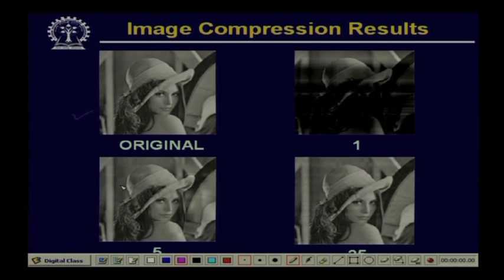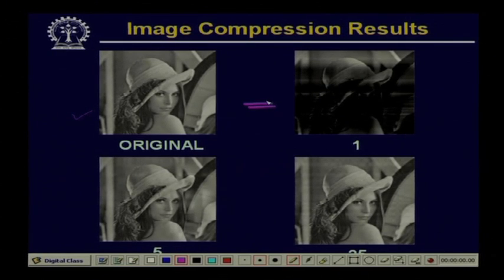Now, when this original image is transformed and reconstructed using the transformation matrix with only one eigenvector, which corresponds to the largest eigenvalue of the covariance matrix, then the reconstructed image that we get is given by this result. Here you find that the reconstructed image is not at all good, but still from the reconstructed image we can make out what this image is about.